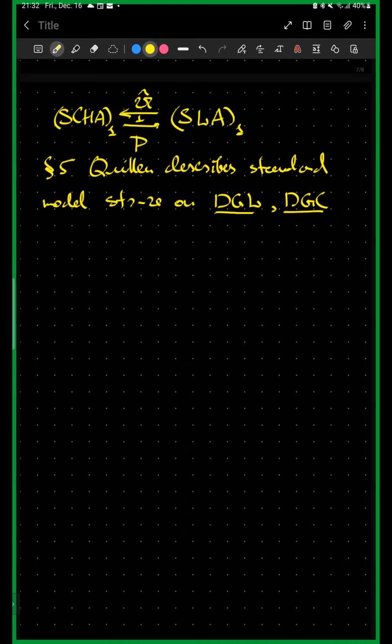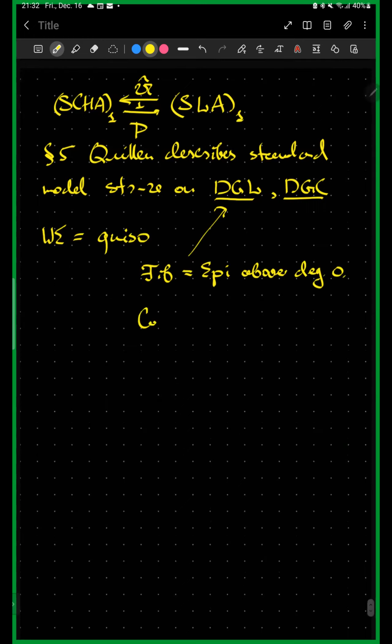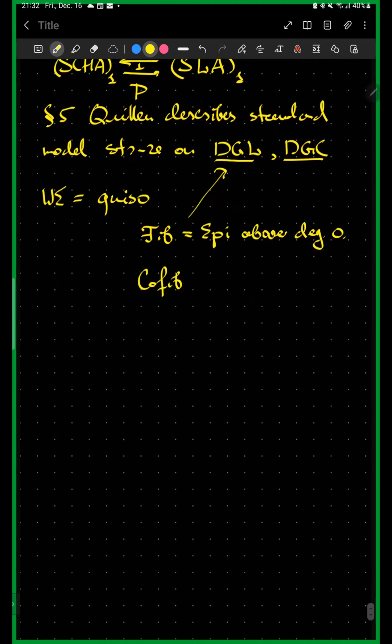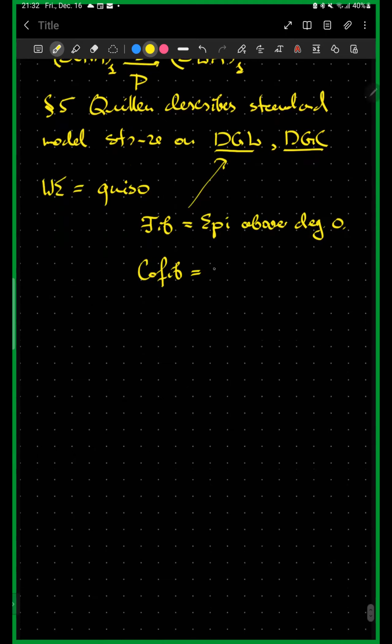So we assume that weak equivalences in both cases are just quasi-isomorphisms. For differential graded Lie algebras, we take fibrations to be epimorphisms in degrees above 0, and cofibrations are given by the left lifting property with respect to trivial fibrations.